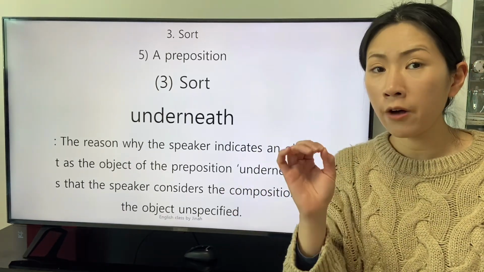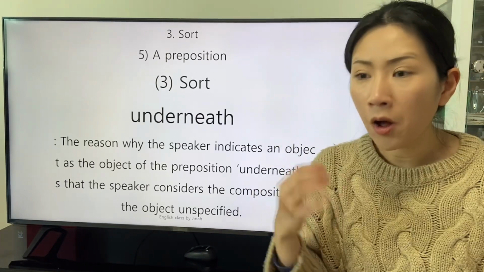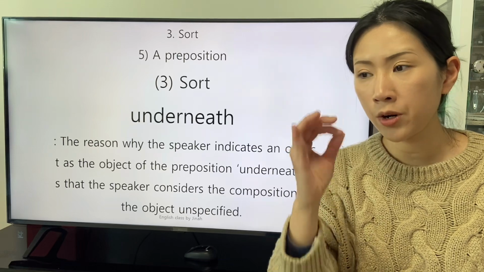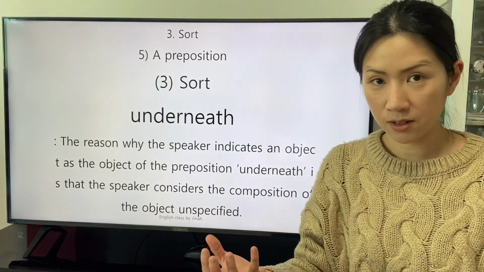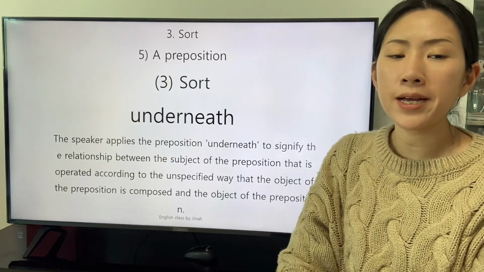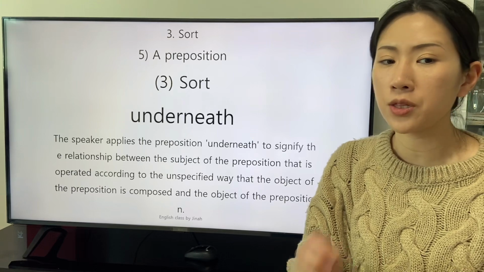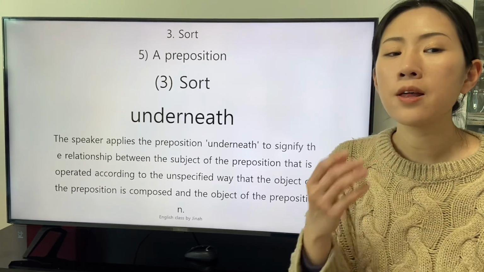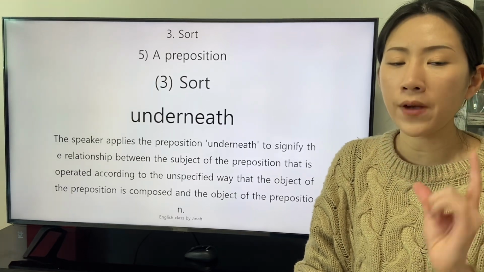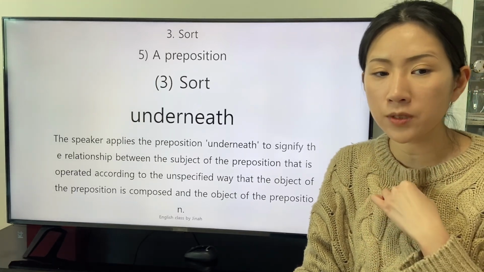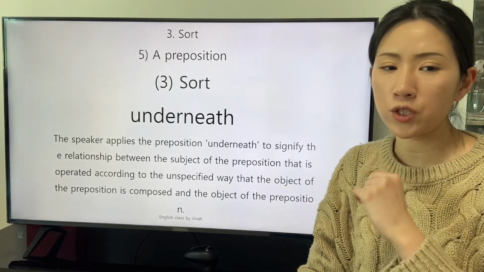The object of the preposition underneath is unspecified, whether the object of the preposition is well organized or not. The speaker applies the preposition underneath to signify the relationship between the subject of the preposition that is operated according to the unspecified way that the object of the preposition is composed and the object of the preposition.